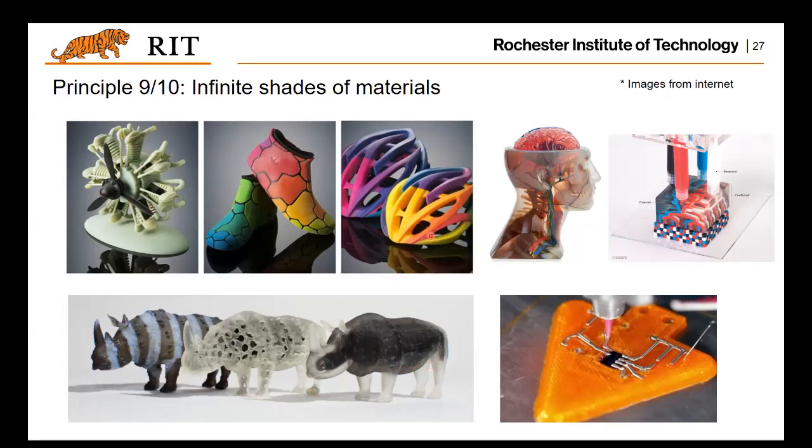And not only color, but if you look at this one, it suggests different material. You could have a soft material inside and solid material outside for the experience. If you look at this one, you can see all the different materials, colors, and structures embedded in the same printing.